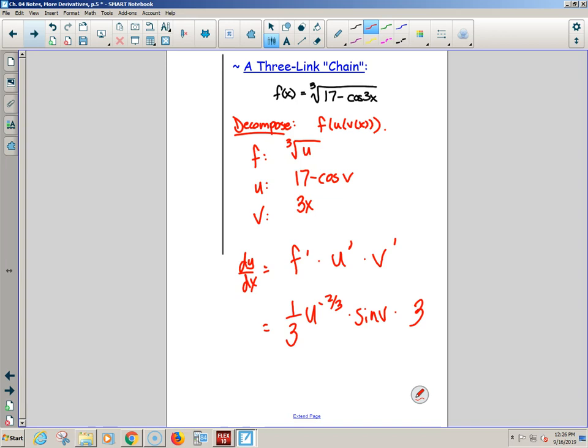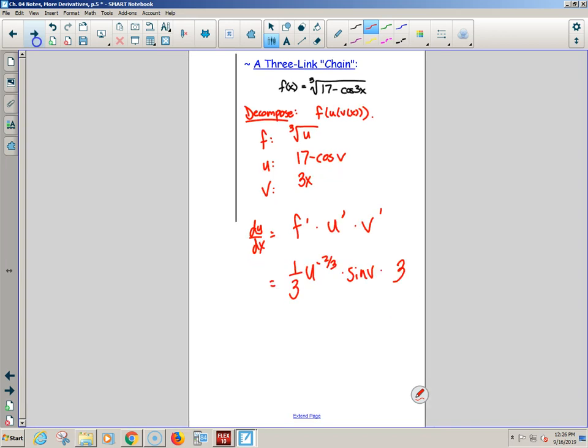Wait, it's not even right yet though. What would you have to do? Plug in. Plug in what? Who's v? Oh, 3x. Who's u? 17 minus cosine of 3x. Yeah, so technically what teachers usually do is they have them always go this direction.